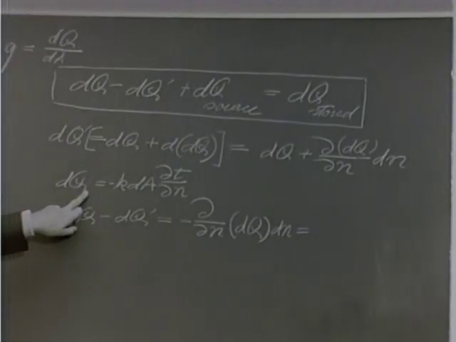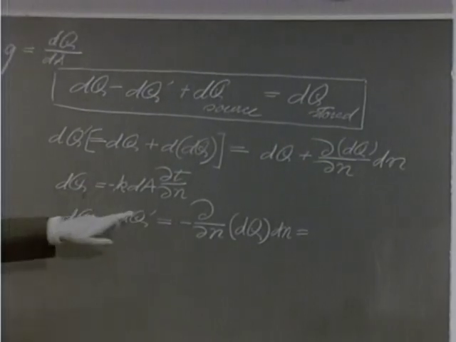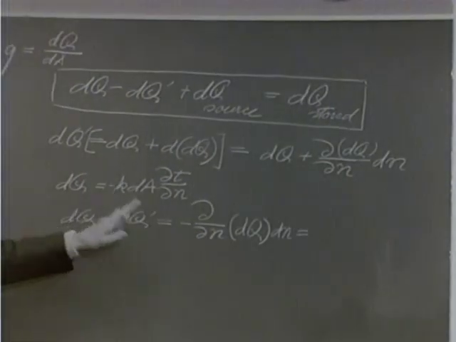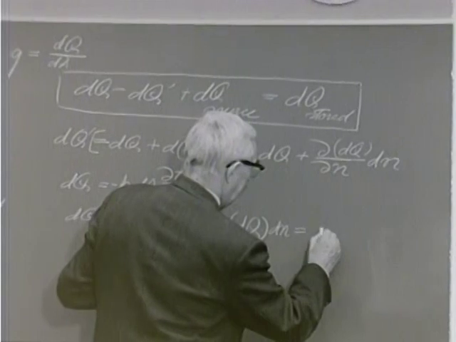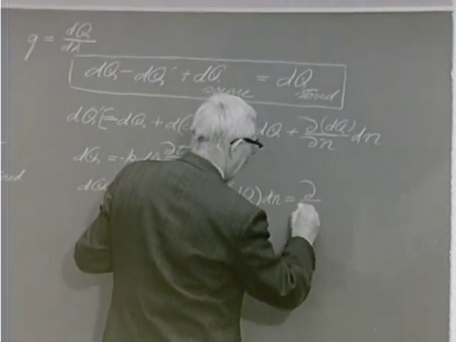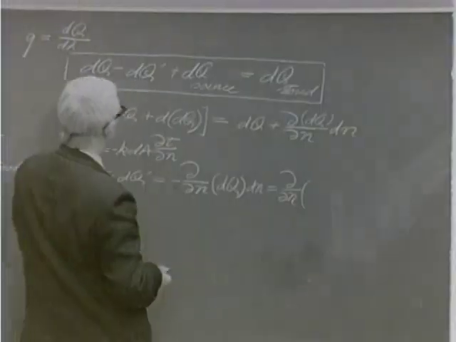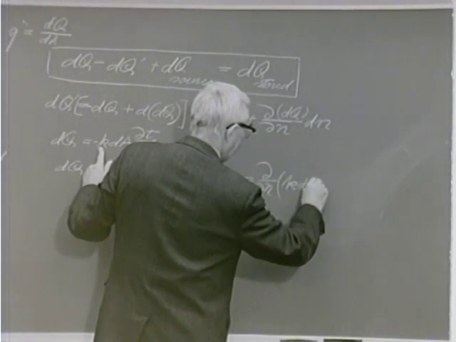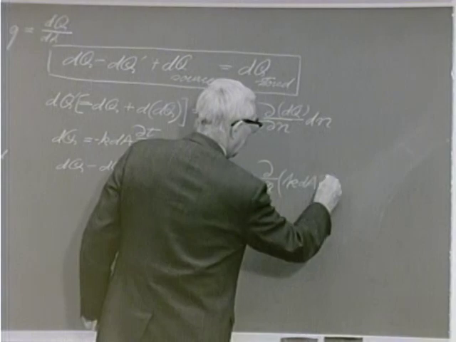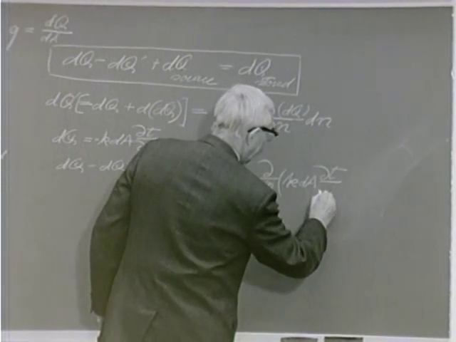And now I just put this term in here for the dq. Now minus minus cancels out, so I will have a plus sign, and I have partial over partial n of this term here, k dA times dT over dn.